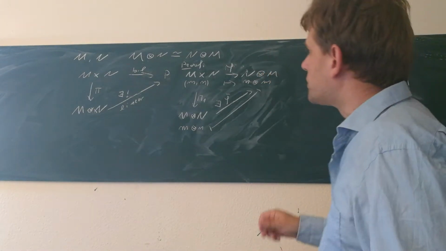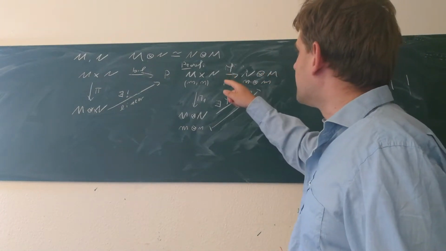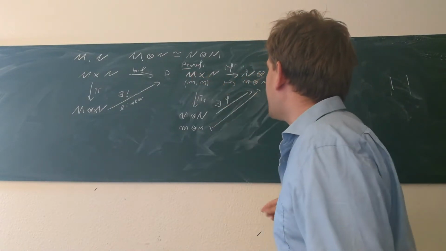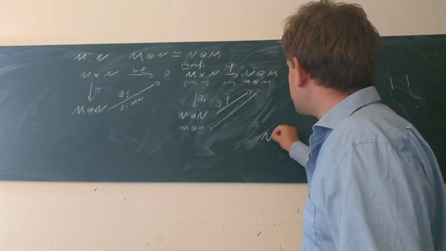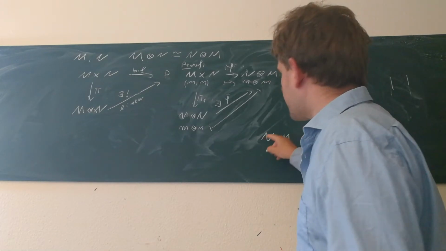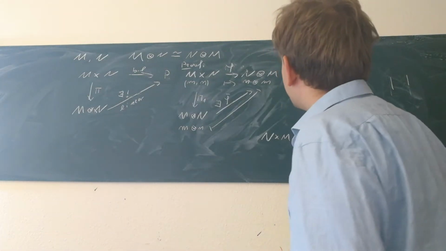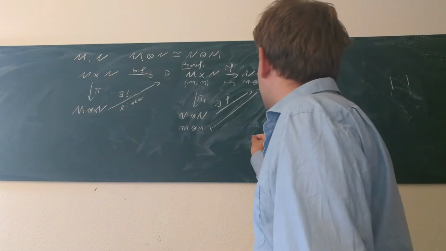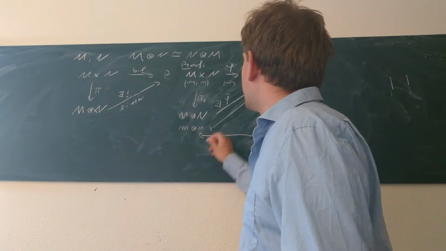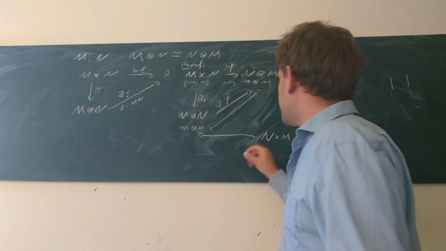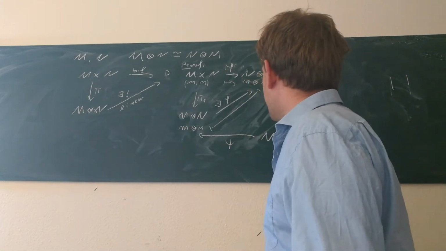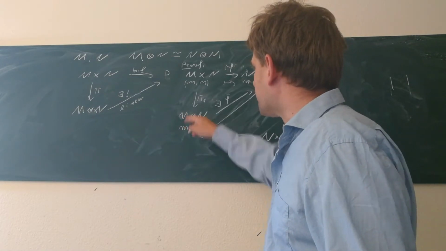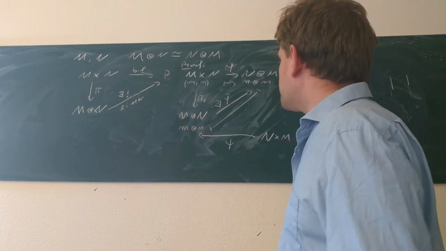And now we do the same diagram for N cross M. So we have N cross M, the Cartesian product of N with M, and we write down a map which is again bilinear, which is analogous to this map phi. Let's call it psi. We have a bilinear map psi from N cross M to this tensor product.